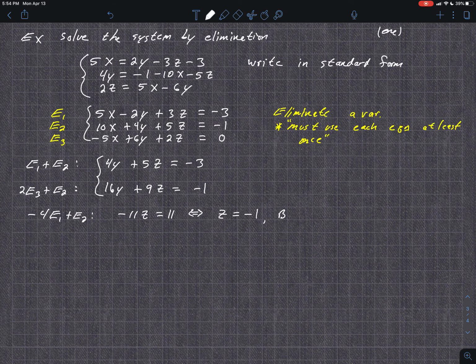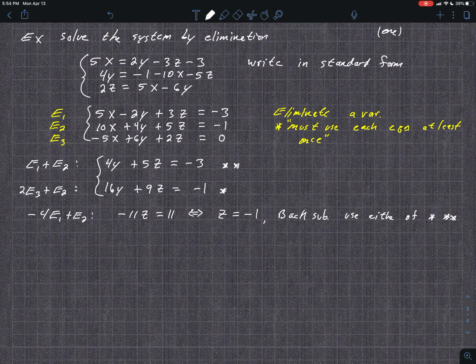Right, so from there you back substitute. That's what we call it. So back substitute into the previous equations. So you may use either of these 2 equations.